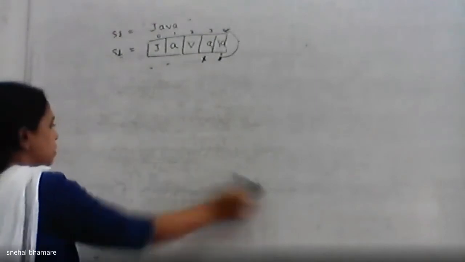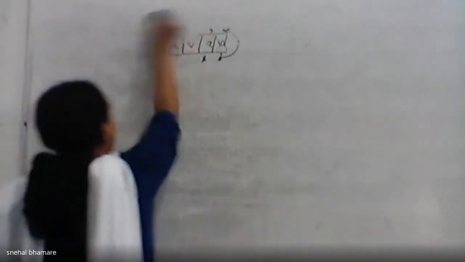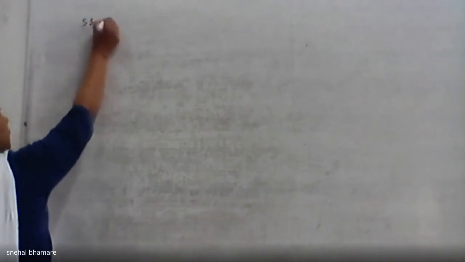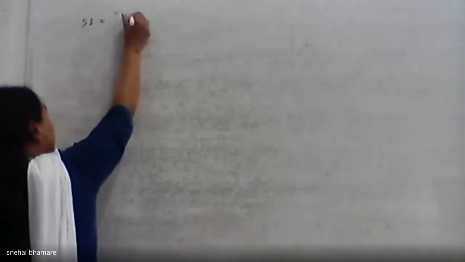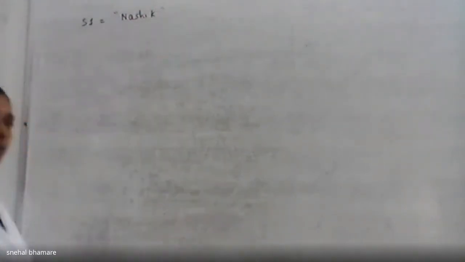Now, next function is copy. Now, in the copy function, what you have to do? You have to take two strings. In the first string, you will read the string from the user, and that will be stored in the variable, let's say S1. Suppose the user enters the string as "nothing". Okay.